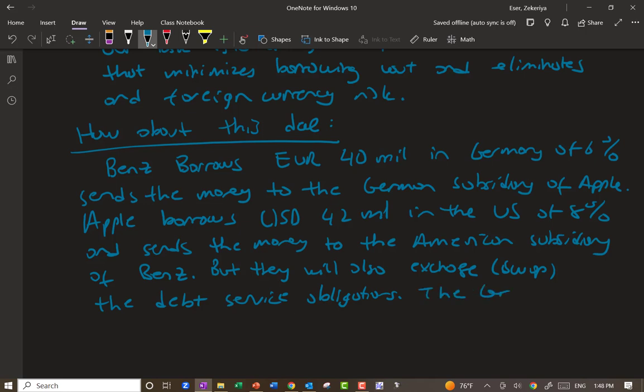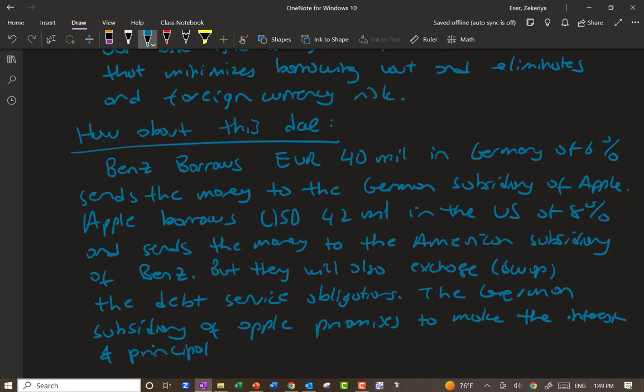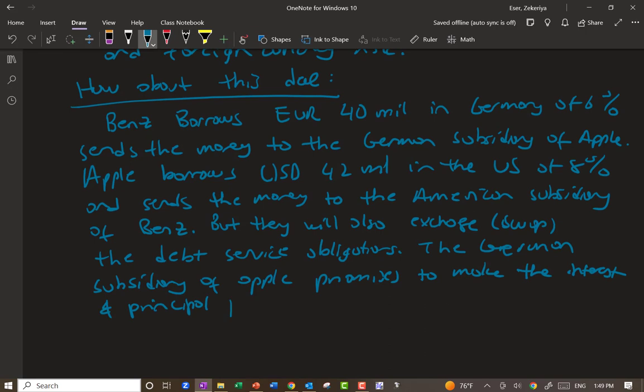The German subsidiary of Apple promises to make the interest and principal payments of the 5-year loan obtained by Benz.